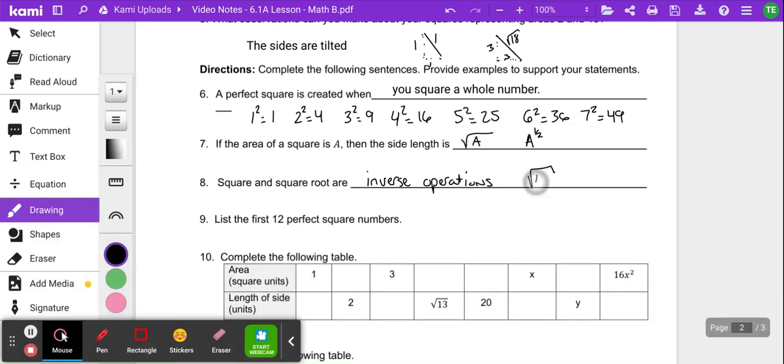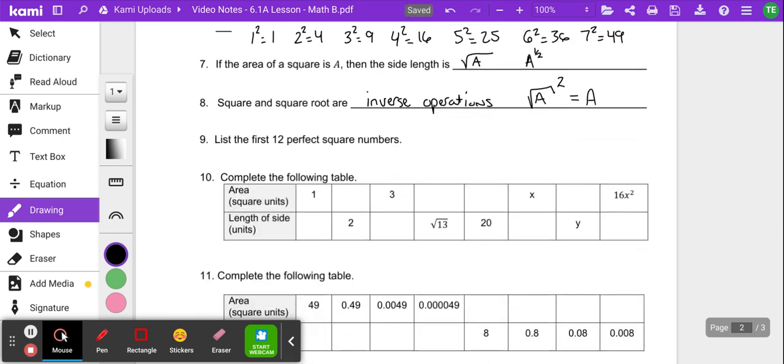If I get the square root of a and I square it, I end up with a. Okay, so we're going to list our first perfect squares. 1, 4, 9, 16, 25, 36, 49.